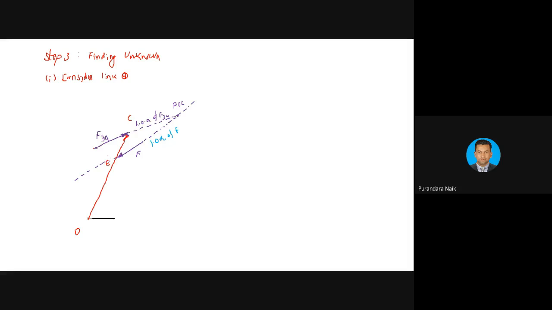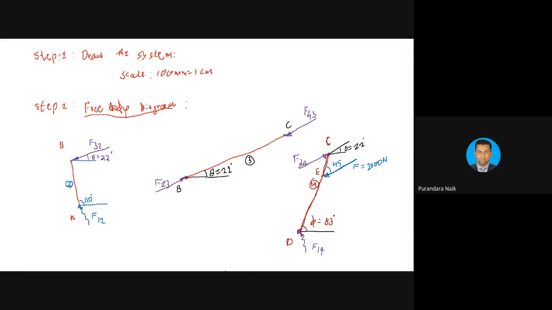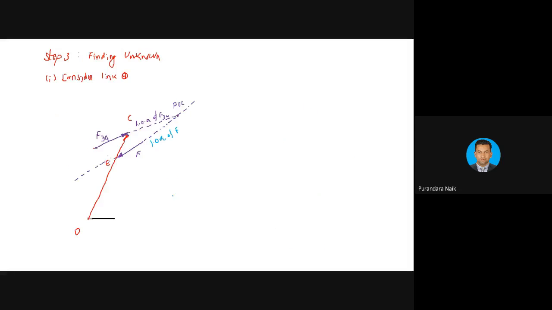Correct? So what next? We have one more force, that is F14. Correct? F14 here. Link number 4. That is unknown direction, but it is acting on this point. So all three forces must be intersecting at point POC.